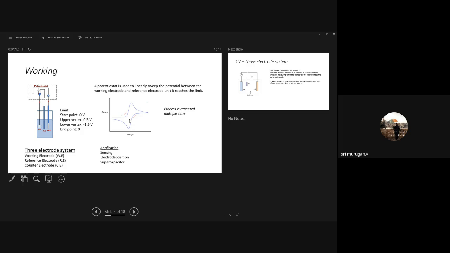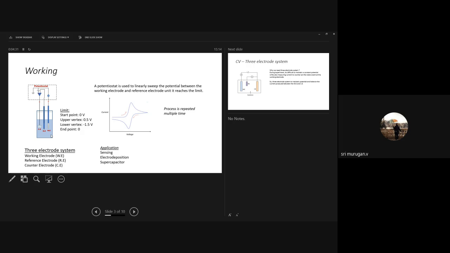For cyclic voltammetry, we repeat this multiple times in order to find how the reaction is going on. Sometimes the electrolyte may go bad because of low pH or high pH conditions.